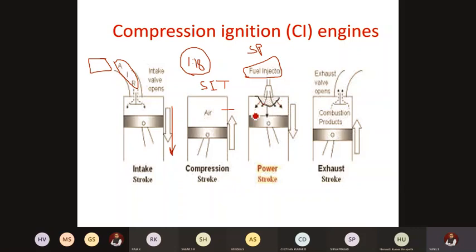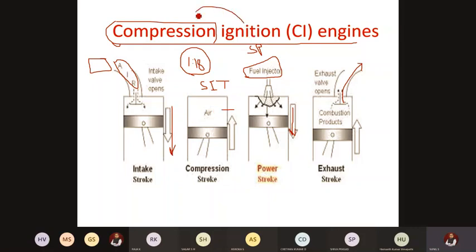For a very fractional time, the complete fuel gets burned and you can observe the power stroke wherein the piston will be pushed downwards. In the exhaust stroke, whatever burnt out gases are there will be pushed out as usual. So this is the principle of operation of a compression ignition engine, that is, a diesel engine. The name compression ignition or CI engine is given mainly because of the compression of air.